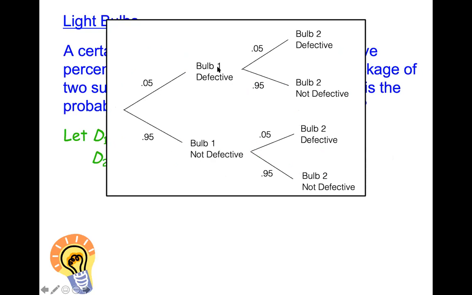For bulb 2, if bulb 1 is defective, there's still a 5% chance that bulb 2 is defective, and a 95% chance bulb 2 is not defective. If bulb 1 is not defective, still a 5% chance that bulb 2 is defective, 95% chance bulb 2 is not defective. Let me take a pause. Any questions on the tree diagram that I built for this?